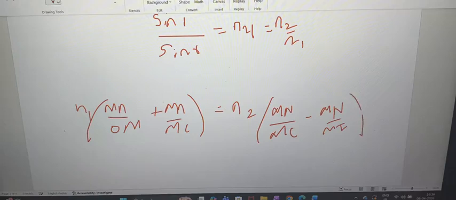Now MN we can take out of the bracket, and all the MNs will get cancelled, because if you send MN over here, MN by MN is simply 1. We will see what OM and MC are according to the image.